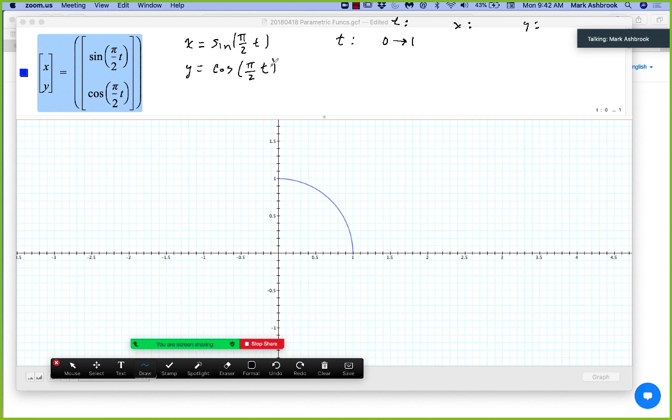So as t went from 0 to 1, we see that x would go from 0 to 1 also, right? Because when t is 0, you have sine of 0. And when t is 1, you have sine of pi over 2. And then when t goes from 0 to 1, cosine would go from 1 to 0.